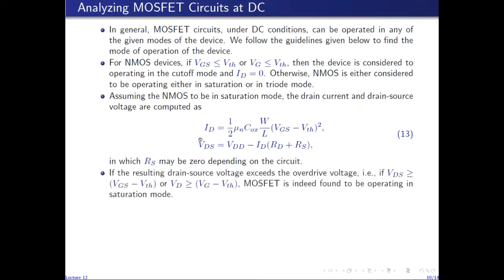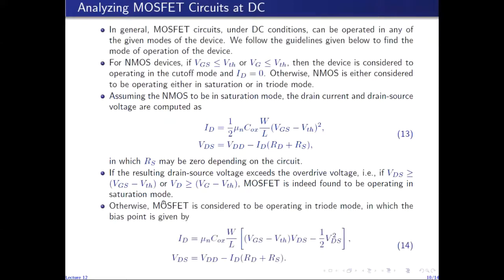Once you have found the bias point, you can check the voltage of the drain with respect to the source. If VDS exceeds the overdrive voltage, VG minus V threshold, then you should indeed consider the MOSFET to be operating in the saturation mode.